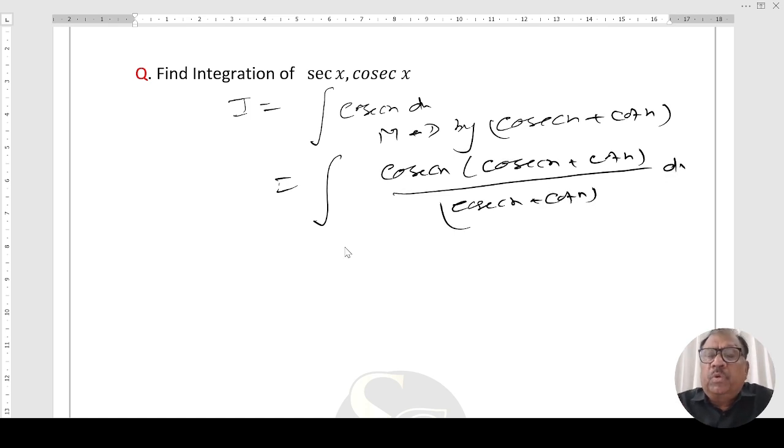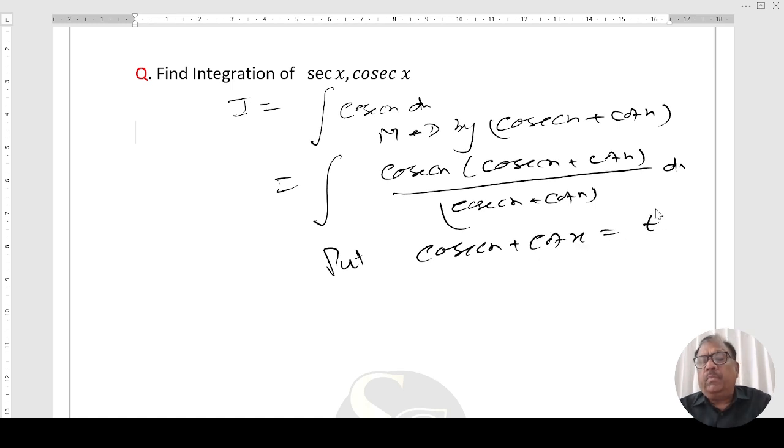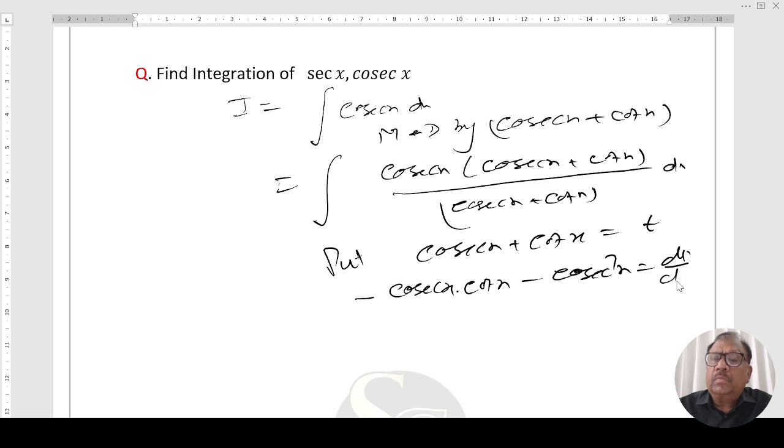We are using the substitution method. Put cosec x plus cot x equal to t. Differentiating both sides with respect to x, so minus cosec x into cot x minus cosec square x equal to dt by dx.